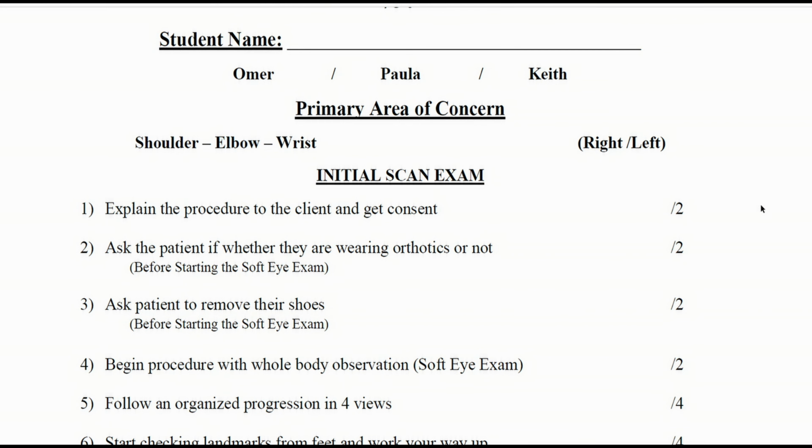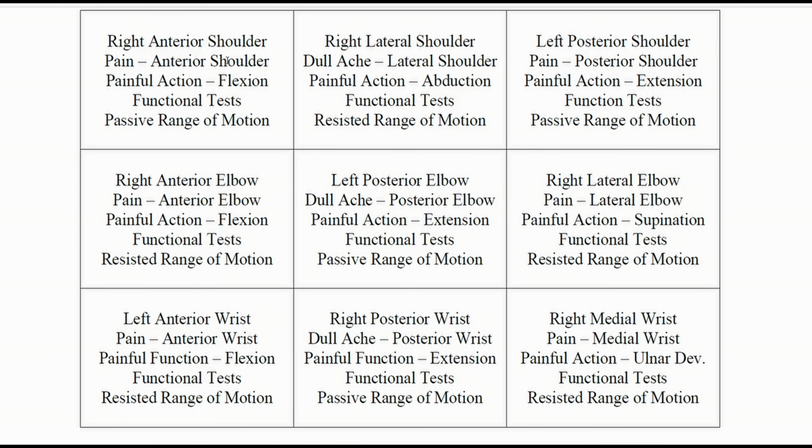you can see that there are 9 cases that I prepared. I will cut these into small pieces on these rectangles, and they're going to be face down, turned. So you will walk into the classroom to one of the 3 examiners.